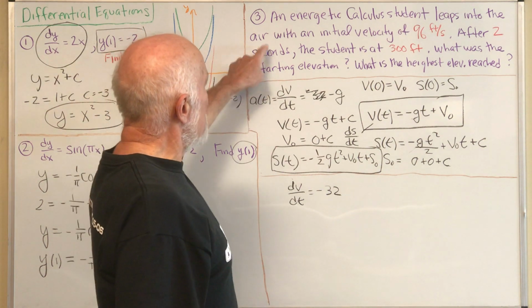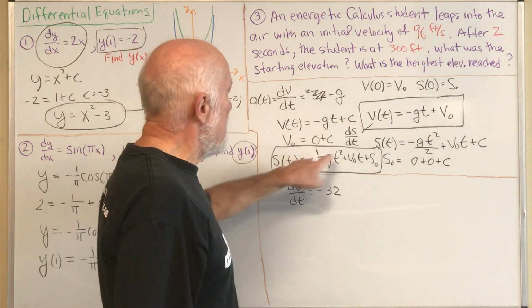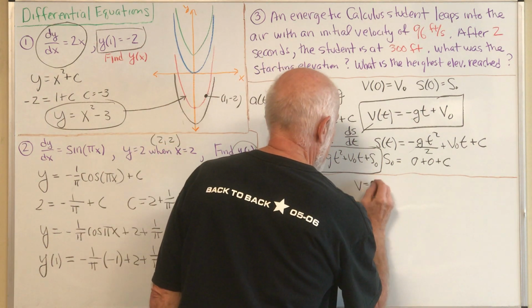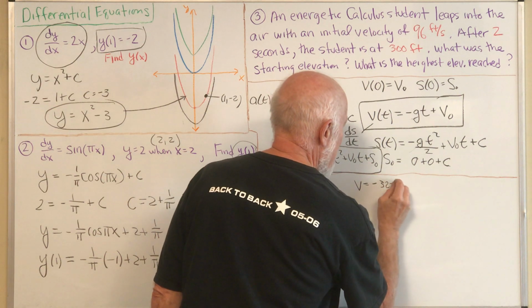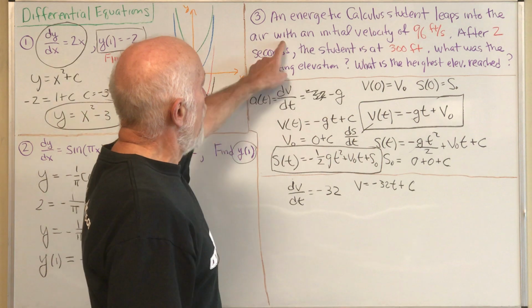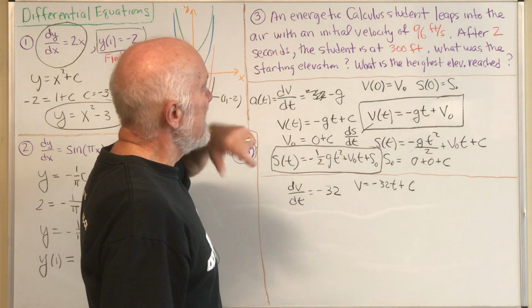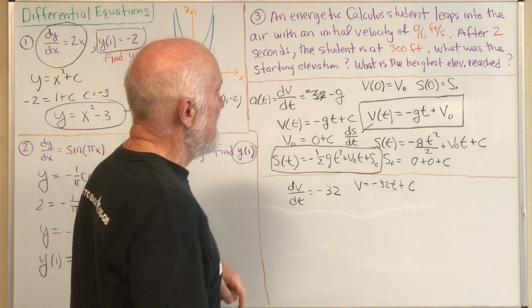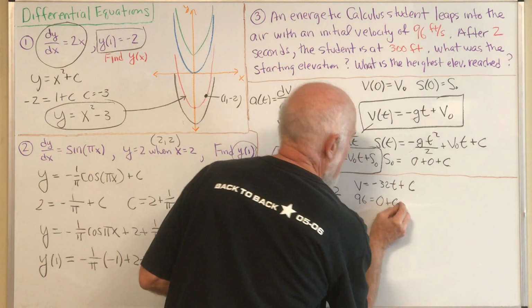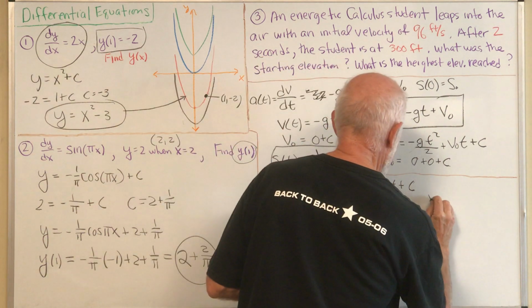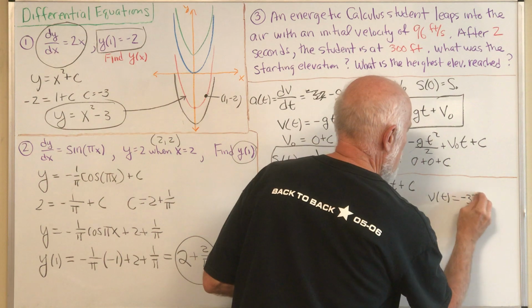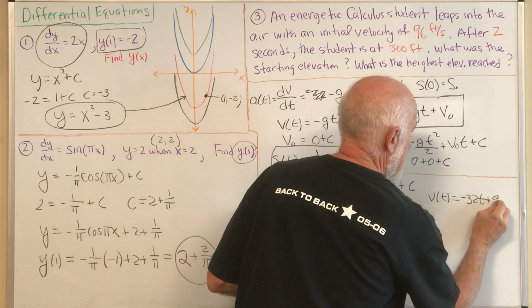And if we want to know something about this student, we want to get these two equations. So we're going to say that v is negative 32t plus c. And we know the initial velocity at time 0 when he first jumps is 96. And then we get that the velocity at time t is negative 32t plus 96.